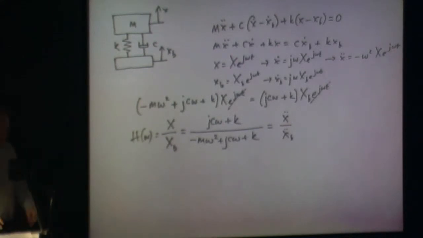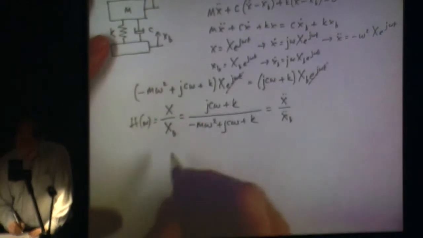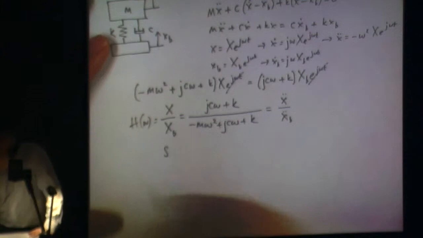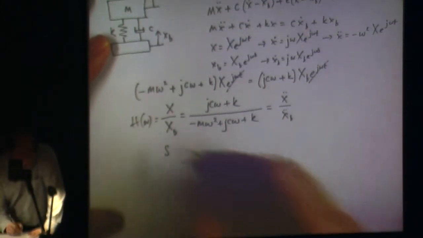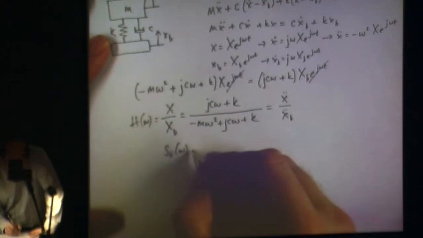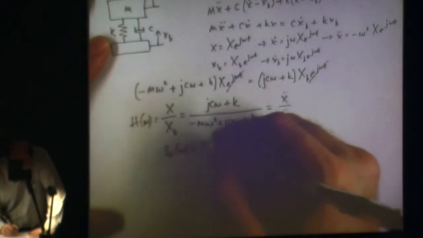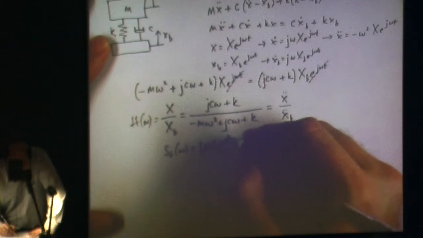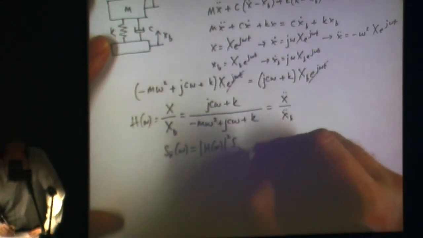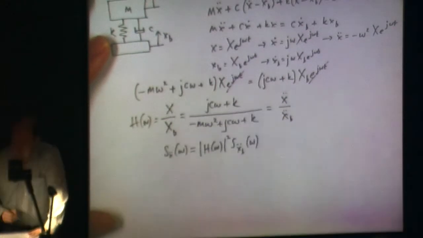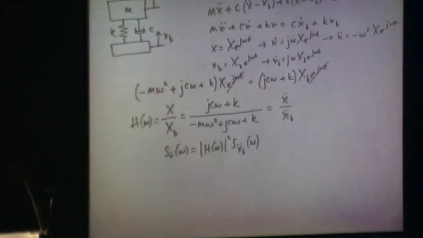So if I enter the equation sheet, we know that the frequency response of the output, which I'm going to call x double dot, S x double dot of omega, equals H omega squared times S xb double dot of omega. So that's the input. That's on your equation sheet.